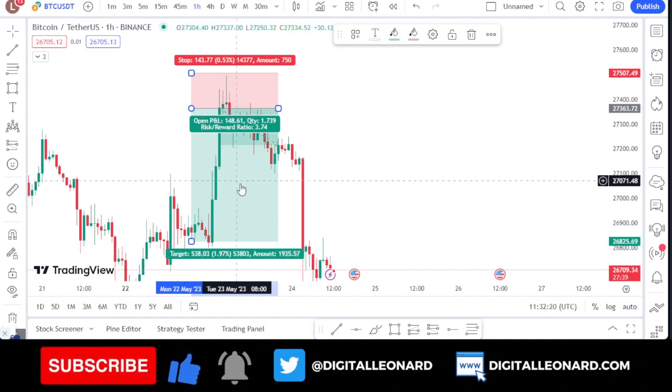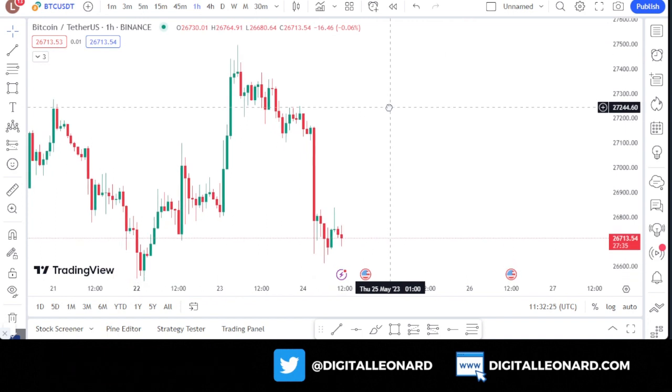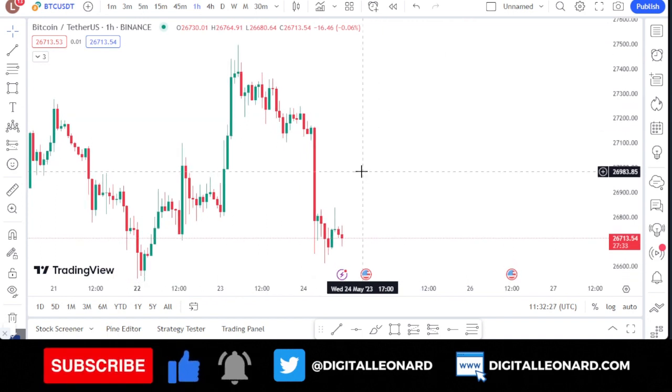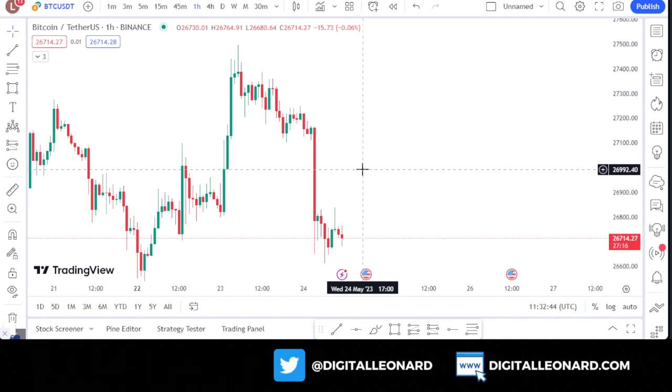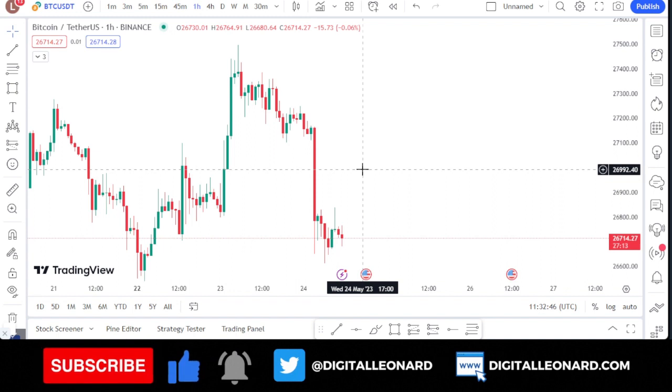All right, so if you have made up your mind that every trade you take, you want it to be a 1 to 2 risk reward ratio, a 1 to 3 risk reward ratio, in fact, the lowest of what you should be looking for in the market is 1 to 3. Now, with a 1 to 3 risk reward ratio, out of 10 trades, you only need to win 3 trades to be in the game.